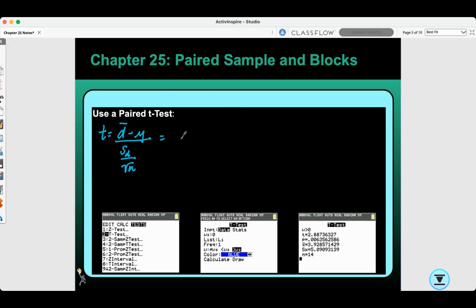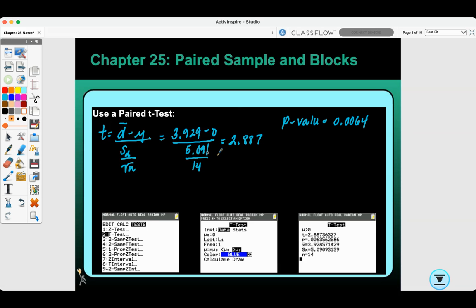So our mean would be 3.929 minus 0, all over our standard deviation, 5.091, divided by the square root of 14. This would give us 2.887. Also write down your p-value, which is 0.0064.